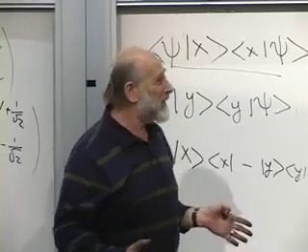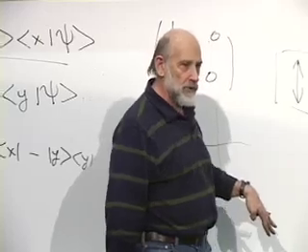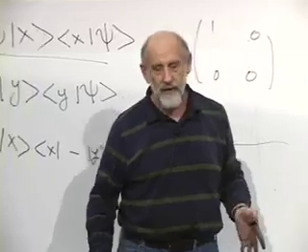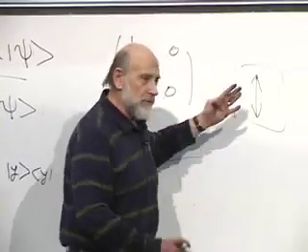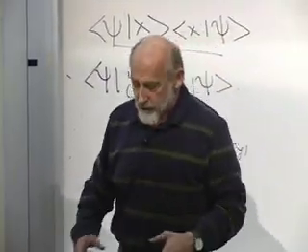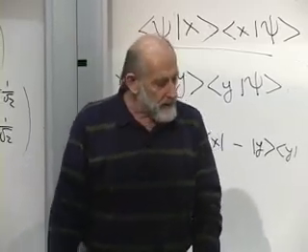Of course, you could define it differently. As somebody said, you didn't have to define the eigenvalues to be +1 and -1. I did that for convenience. I could have defined them to be 15 and 42. That would have made very little difference to the discussion. I chose +1 and -1 for symmetry reasons.